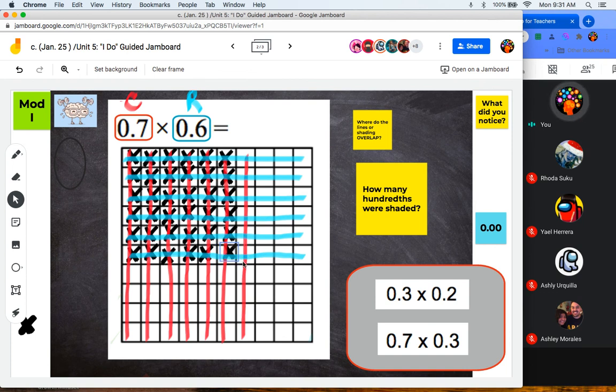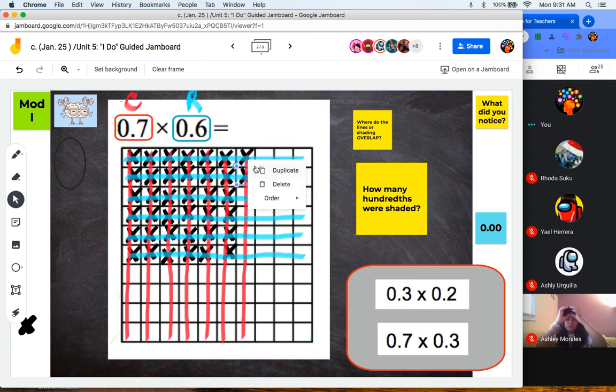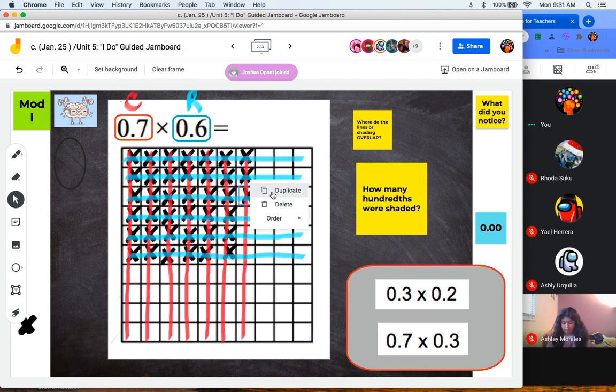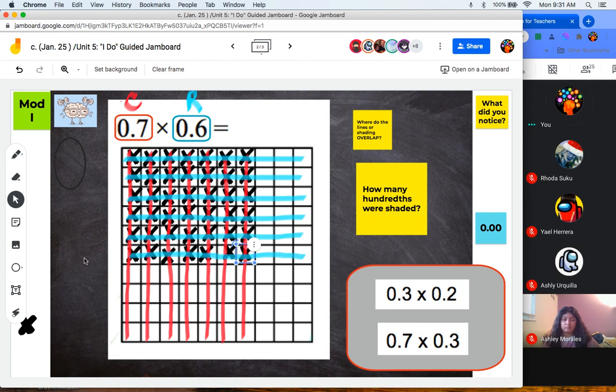But I still got some more overlapping. 37, 38, 39, 40, 41, and what? 42. I now have 42 hundredths shaded.